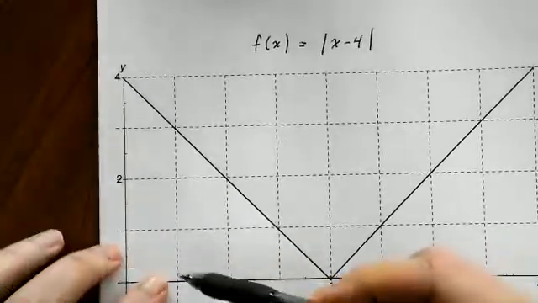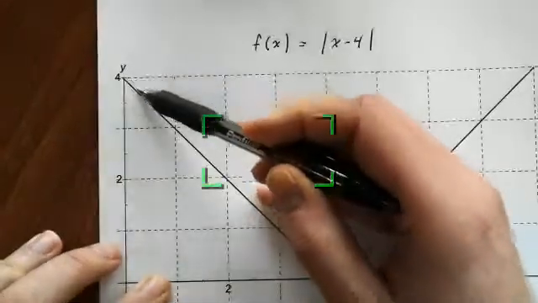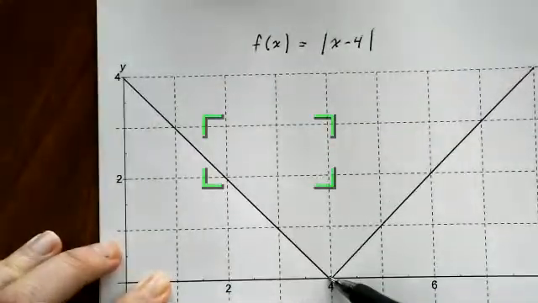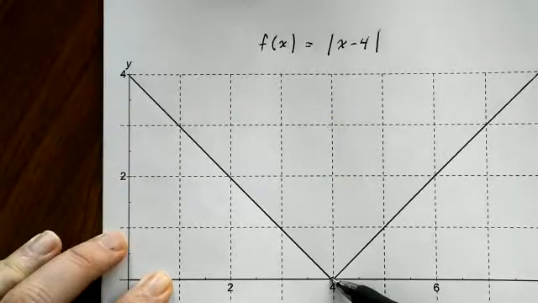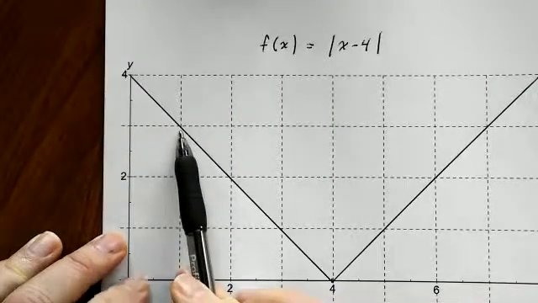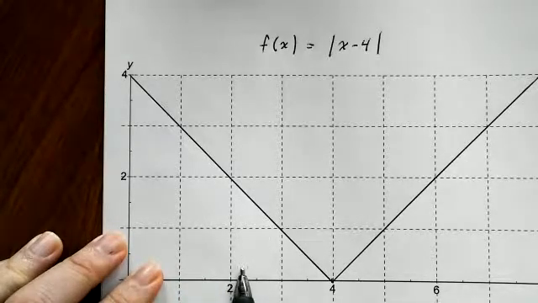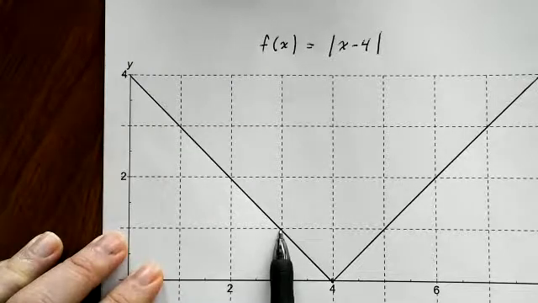Now, if I look at x equals 1, the derivative at x equals 1 is negative 1, because the slope of the function at 1 is negative 1. The slope of the function f at 2 is negative 1, and the slope of f at 3 is negative 1.